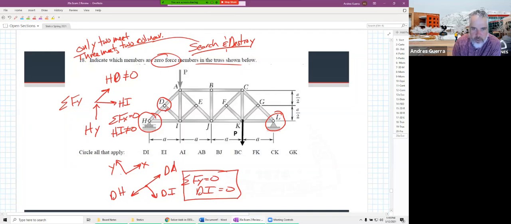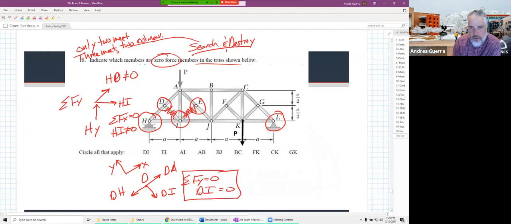So I'm going to destroy this. Same thing at E. I've got 3 that meet. It meets my search criteria. For the same idea that we did at D, we would also find that DI is 0. Now that opens up I right there.